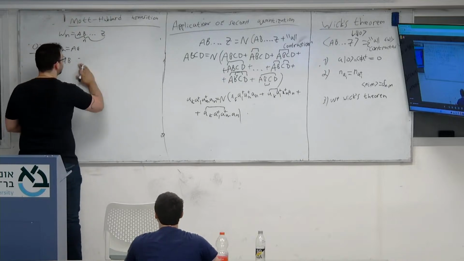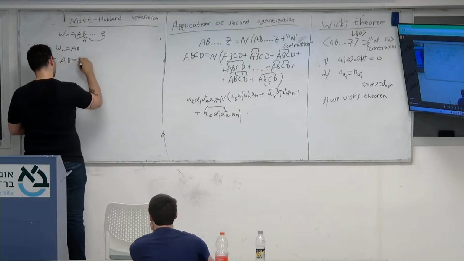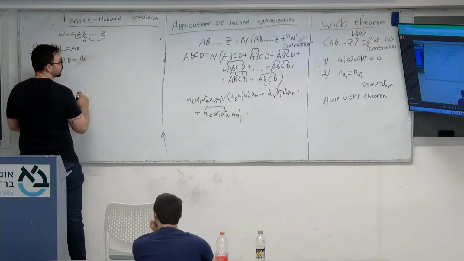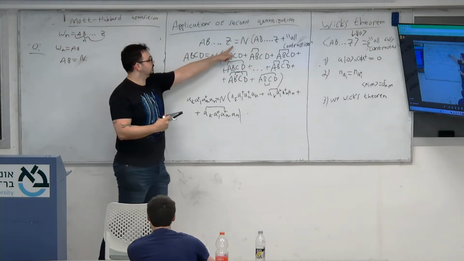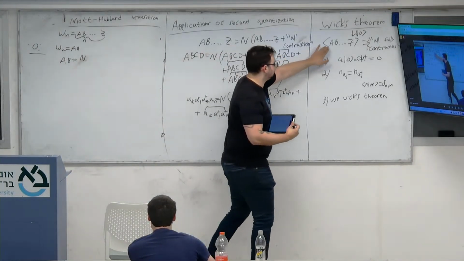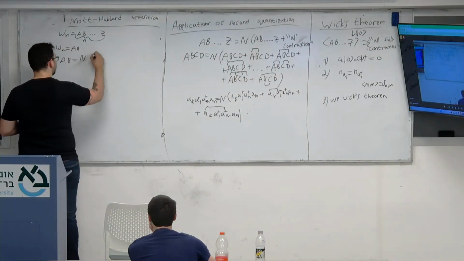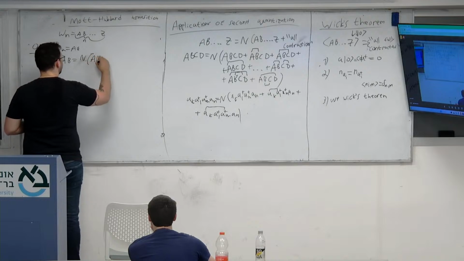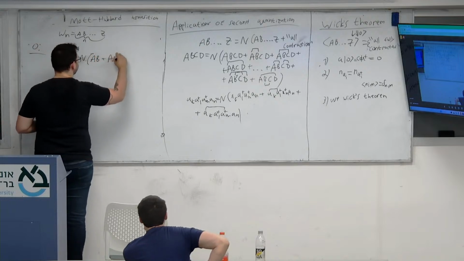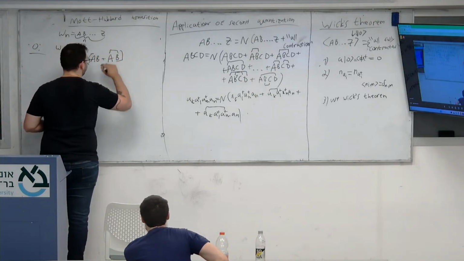Let's do it a little differently. Remember that this is the theorem we try to prove, not this part. It's right here. Equals normal order of AB plus contracted.